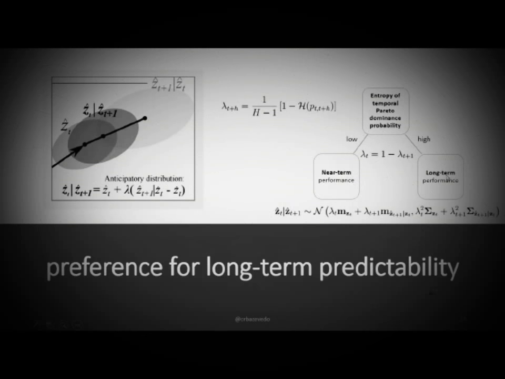So what I do is measure the entropy of the temporal Pareto dominance probability. I compare the predictive distribution with my current estimate and ask, what is the probability that my predictive distribution will Pareto dominate my current distribution, my current performance?